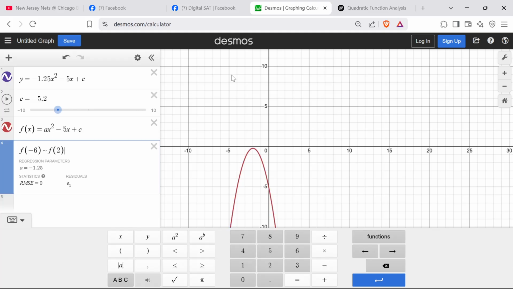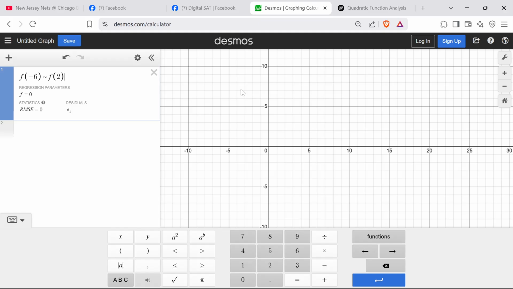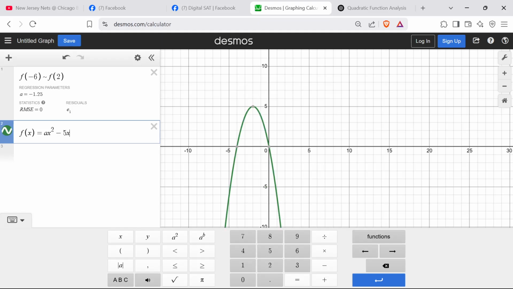It's got a equals negative 1.25 and c, if I get rid of those sliders, it says, oh, I got rid of the other function too, f of x equals ax squared minus 5x plus c. And it says c is equal to 0, but that vertex is above the x-axis. The y value, or if it's (h, k), the k value, is above 0.